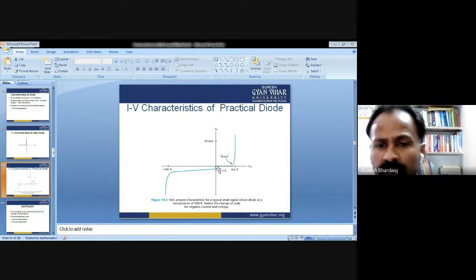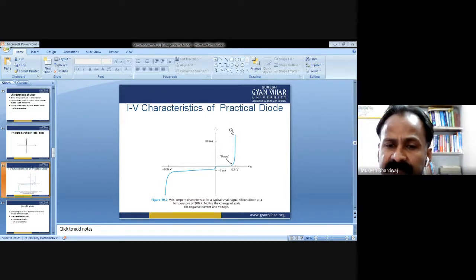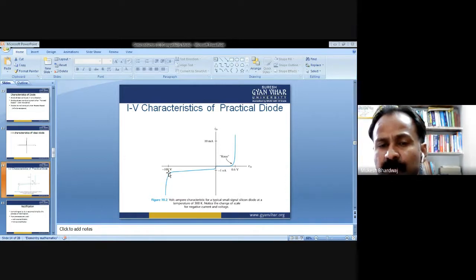As you see, here the current starts increasing momentarily after 0.6 volt, but in reverse bias the current stays low up to about 100 volt. After 100 volt, if the current increases, it is the case of burning out of the diode.